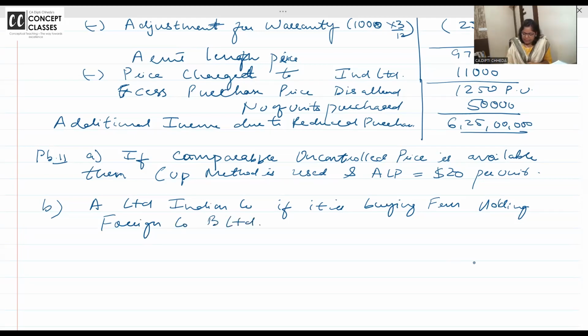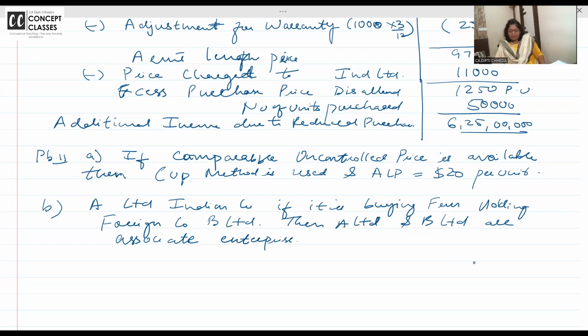B Limited, then A Limited and B Limited are associate enterprise. A Limited is Indian company. If it is buying from holding foreign company B Limited, then A Limited and B Limited are associate enterprise.